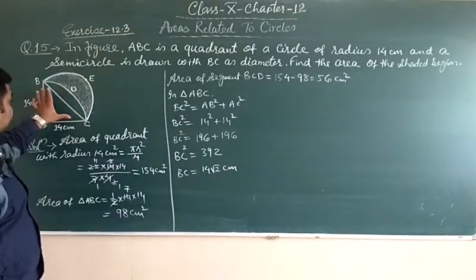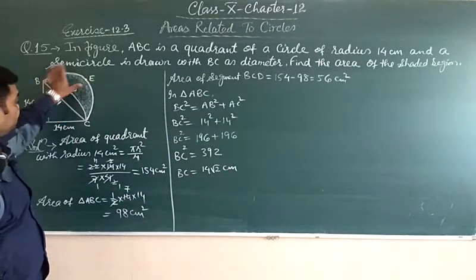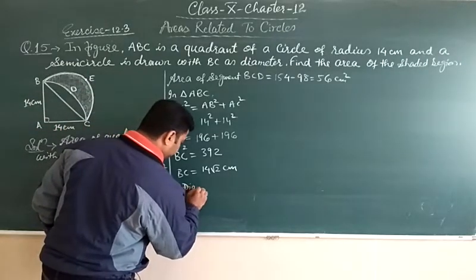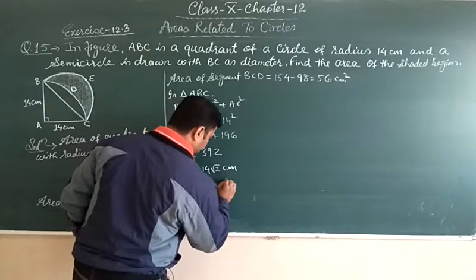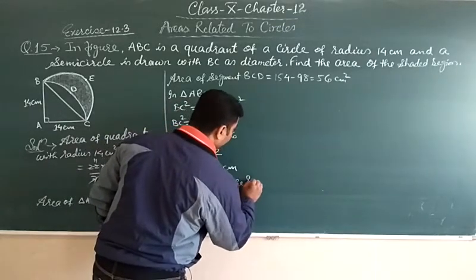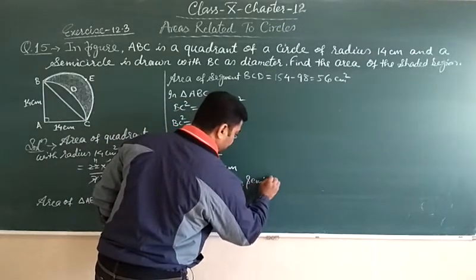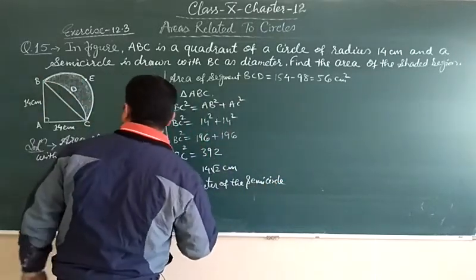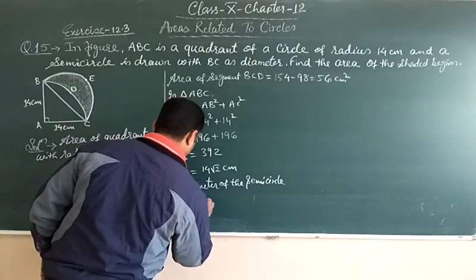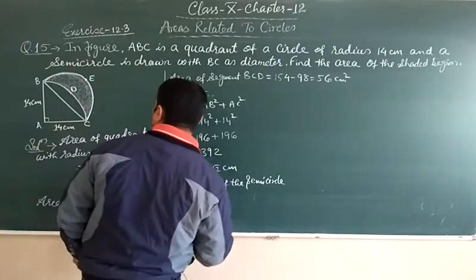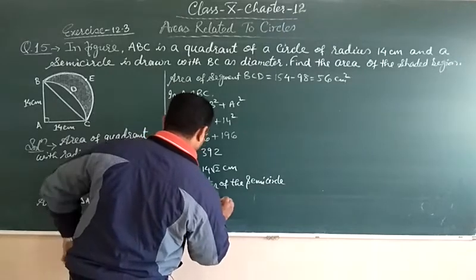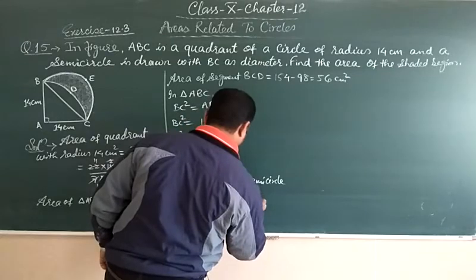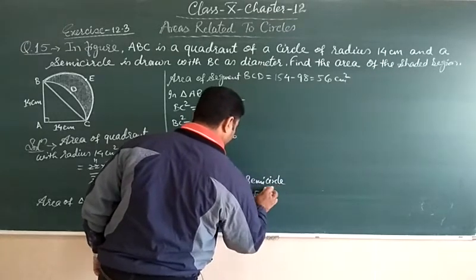Clear? That means the diameter of the semicircle BCE, that is BC, is equal to 14 root 2 centimeter.